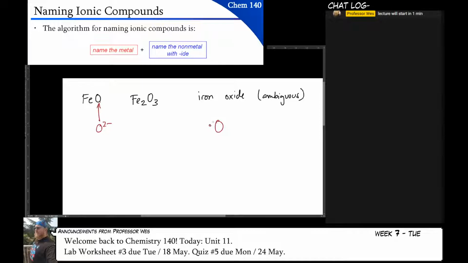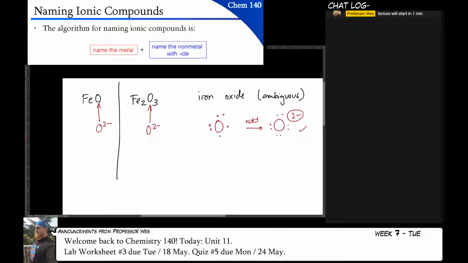Here's oxygen, and if I make it have its octet, I would give it an additional 2 electrons to make it have this charge. So I know every time I see oxygen in any of these compounds, it's oxygen with a 2 minus.